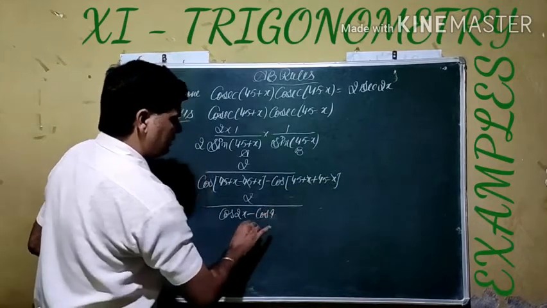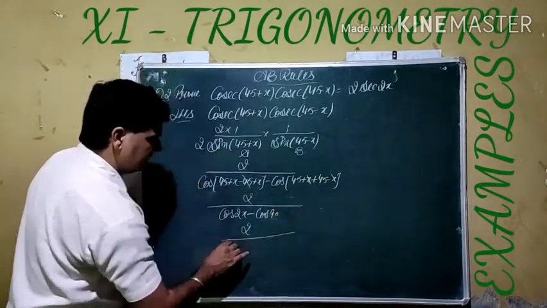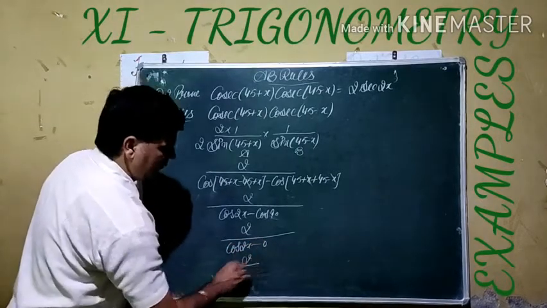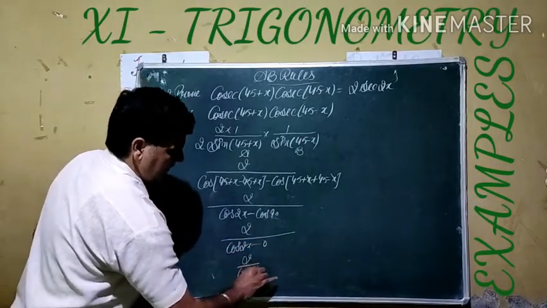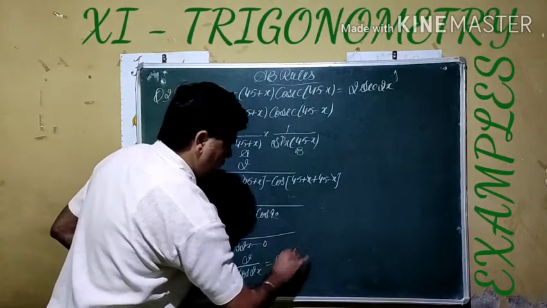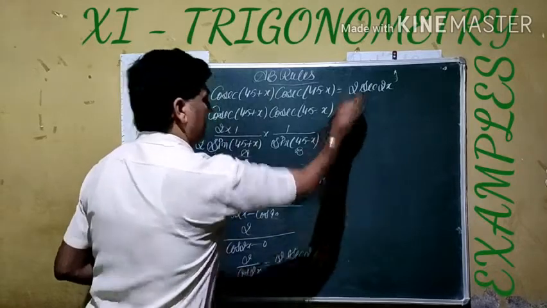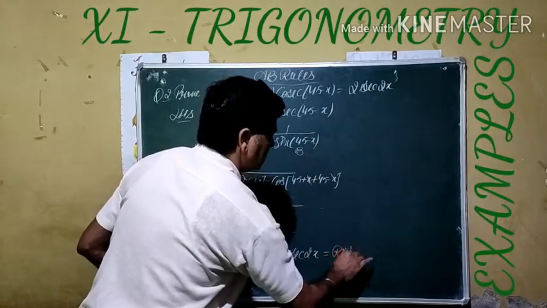Cos 90 is 0. So we get twice divided by cos 2x. It can be written as 2 times sec 2x, which is the same as our right hand side of the statement.